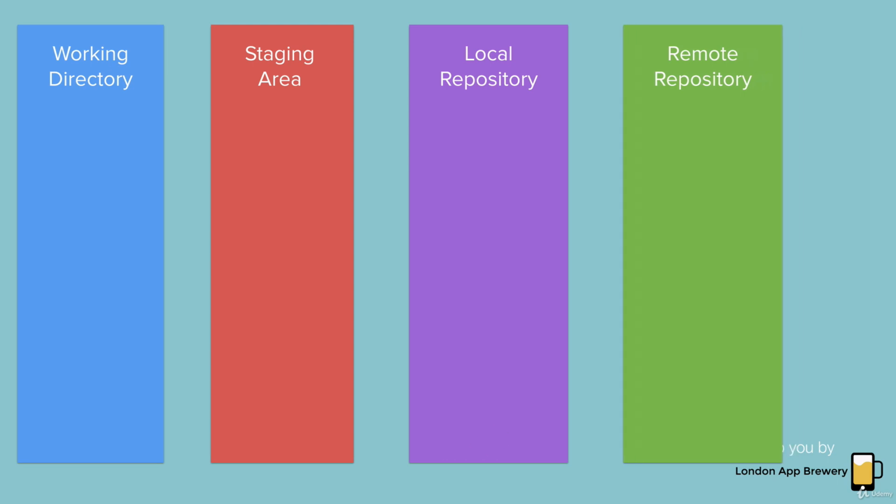So in our case, the local repository is the Git file that we've got inside our story directory, and the remote repository is GitHub, which hosts our code and also hosts all of the changes that were made in between the different commits.